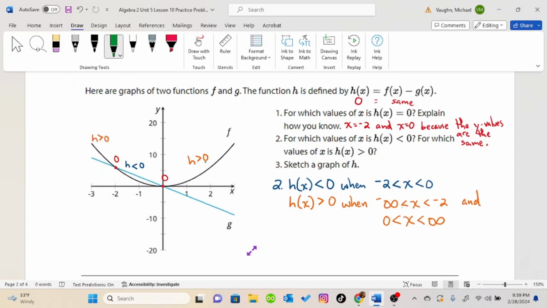Now they want us to sketch a graph of h. So we already know at -2 it's going to be 0, and at the origin it's going to be 0. At -1, it looks like we might have 2 minus 4, which would be -2.